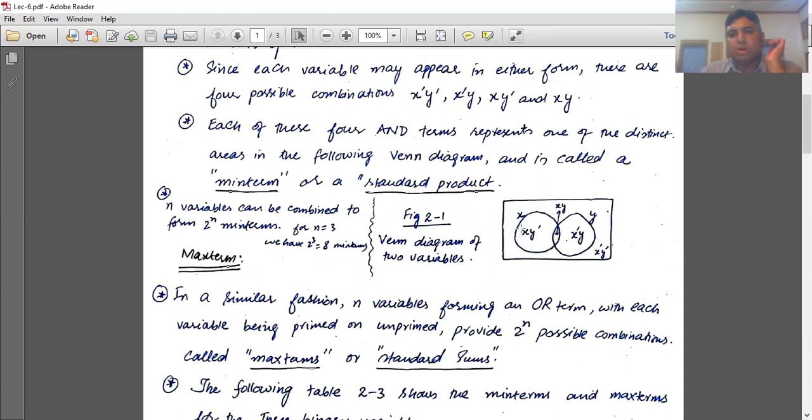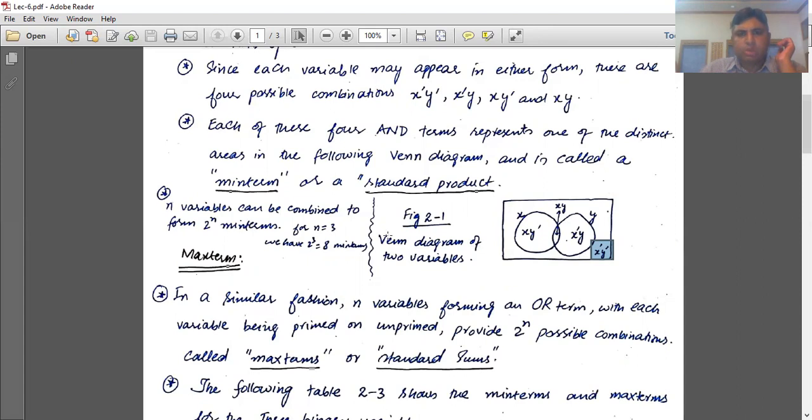So this region will be called X Y bar, X but not Y. Similarly, to the right side, this region represents circle Y but not X. So this region will be called X bar Y. And the last region, the outside rectangle outside these two circles, will be x bar y bar, because this region represents neither circle x nor circle y. So this region will be called x bar y bar, not x and not y. So this is a Venn diagram representation of these four regions.